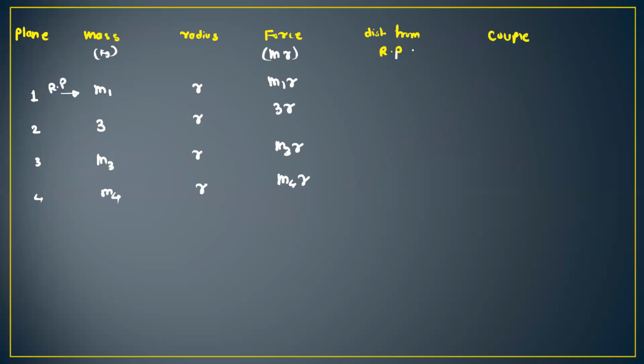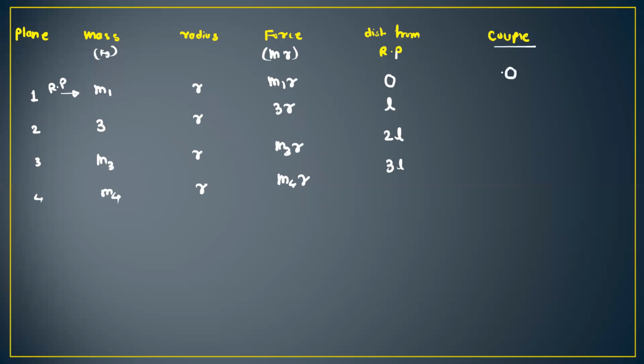So as mass m1 is the reference plane, the distance from the reference plane for the first mass is 0. Then mass 2 is on the right side, so the distance is L. Mass 3 is at 2L distance, and mass 4 is at 3L distance. All are positive because they are on the right side. Now write the couple, force column into the distance.